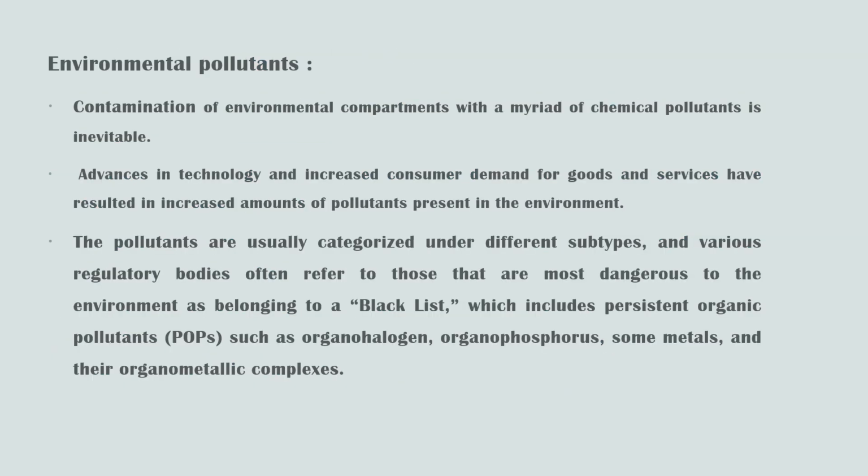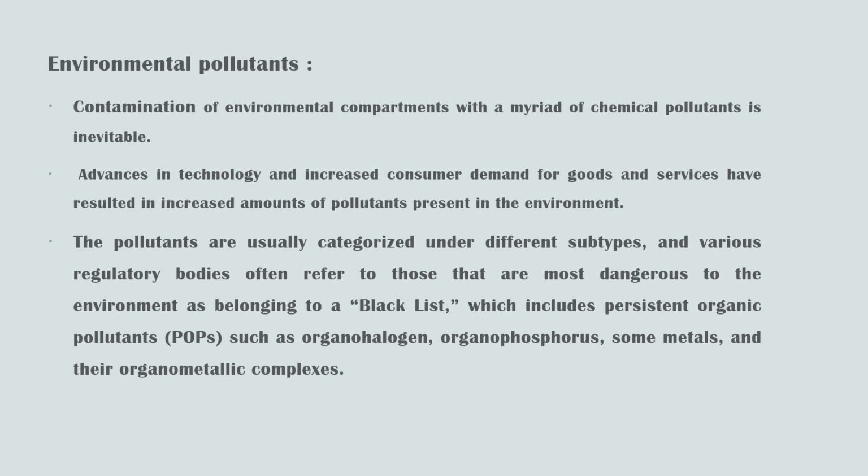Contamination of the environment with a lot of chemical pollutants is inevitable. Advances in technology and increased consumer demand for goods and services have resulted in an increased amount of pollutants being added to the environment.